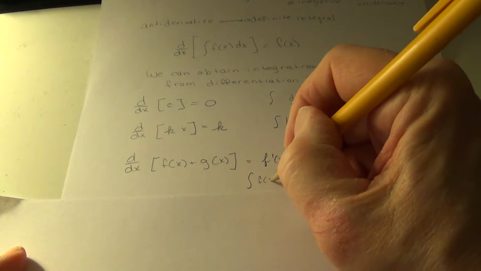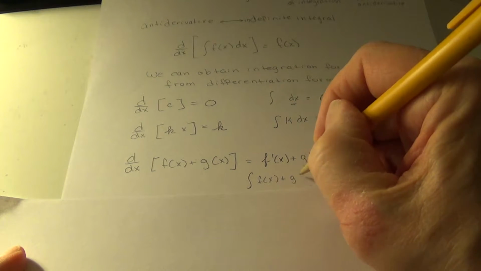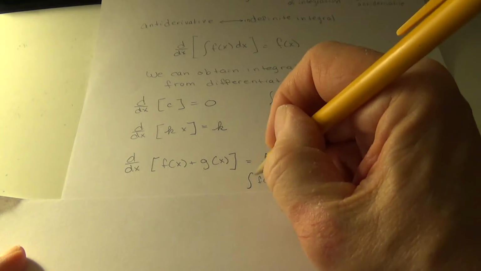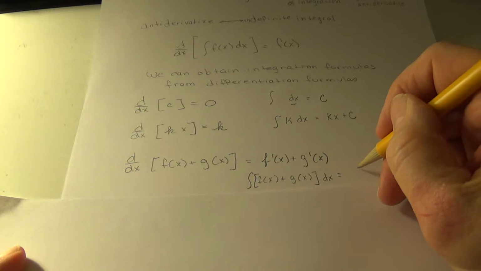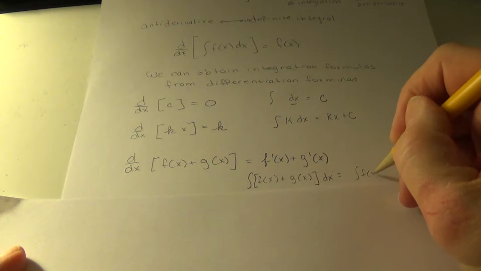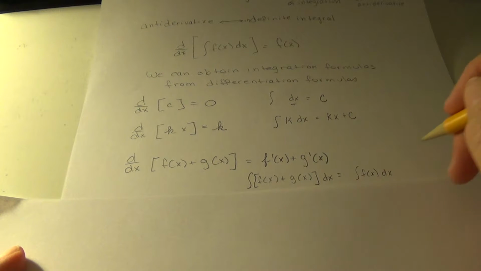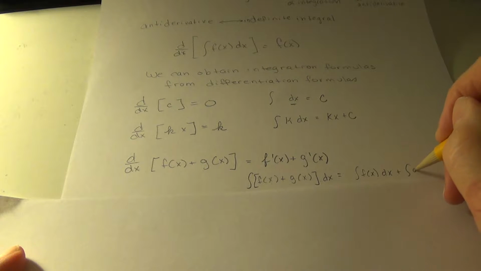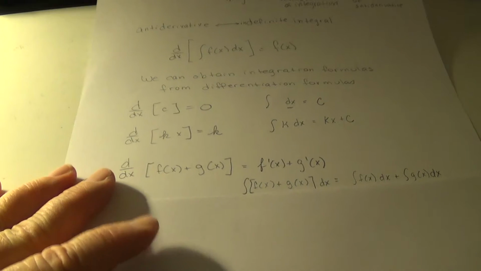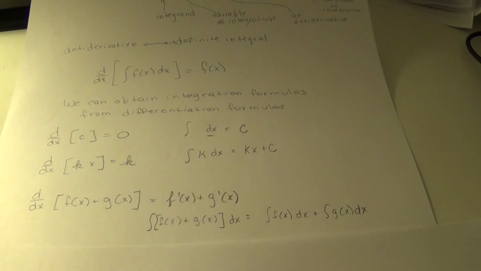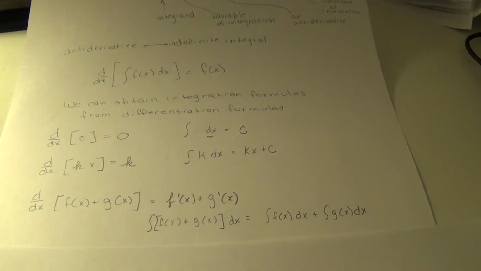So the integral of a sum, say we put the sum behind the integral, we can divide that up into two individual integrals. So the integral of a sum is the sum of the integrals.